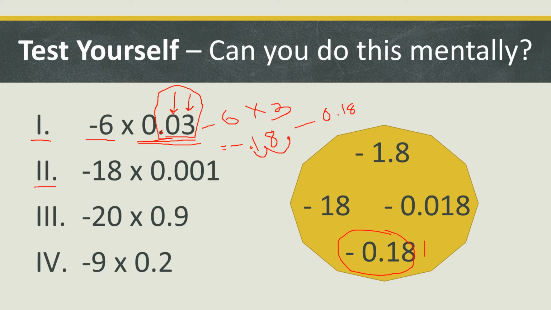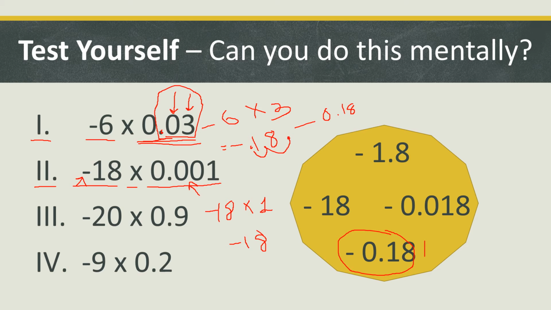Let's move on to number 2. Negative 18 multiplied by 0.001. So we remove the decimal points from the 0.001 and we'll be left with only 1. And then we multiply it by negative 18. Do you remember that we have to give our answer in negative here? So negative 18 multiplied by 1 will get negative 18. But we can't forget the decimal point.